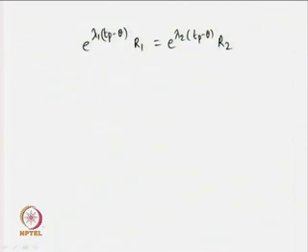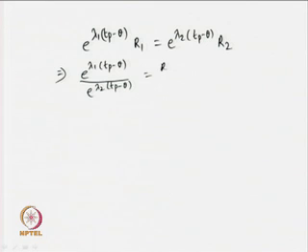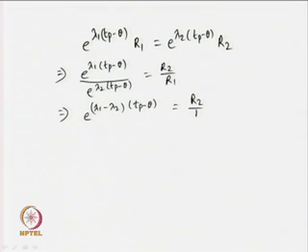Thus, further simplification will give us e to the power lambda 1 (Tp minus theta) upon e to the power lambda 2 (Tp minus theta) is equal to R 2 upon R 1, or e to the power (lambda 1 minus lambda 2) times (Tp minus theta) will be equal to R 2 upon R 1.